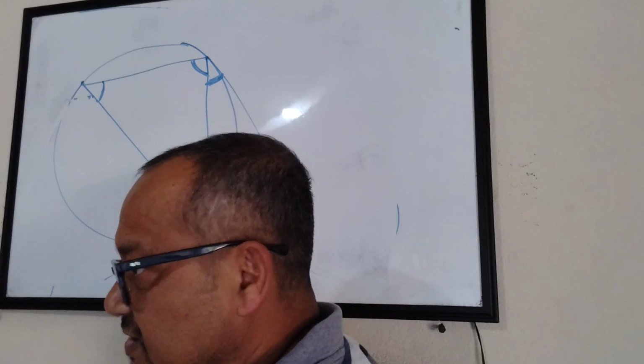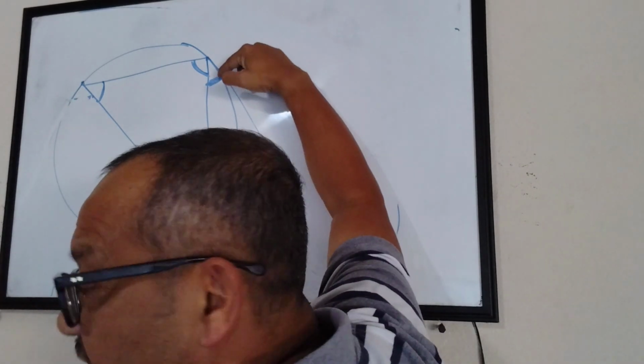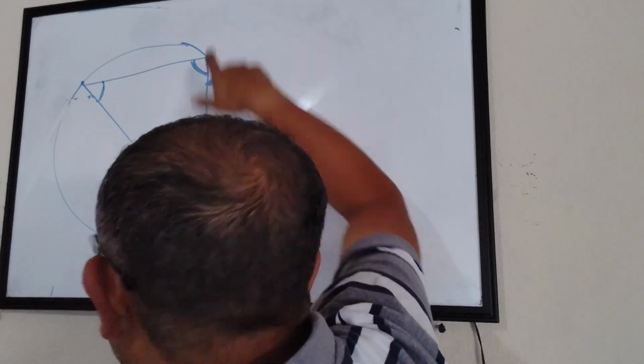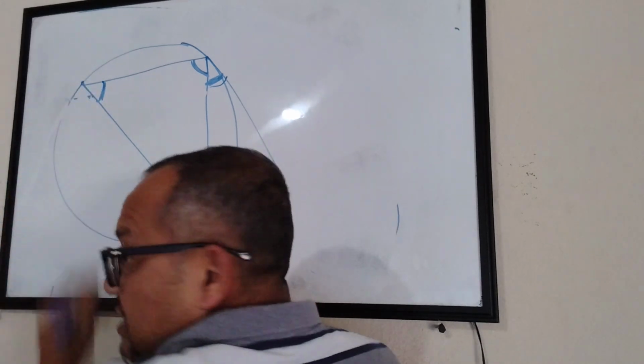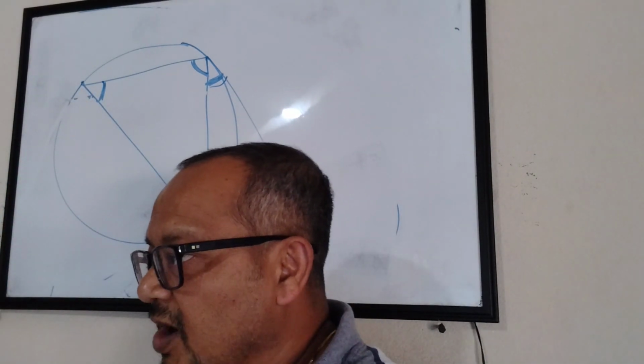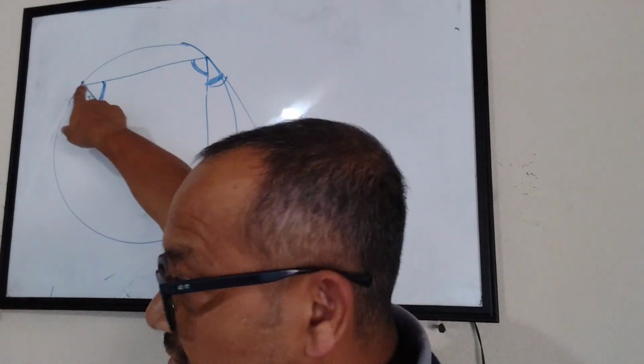Meaning, the angle made by the tangent against the chord adjacent to it is the same as the angle that you see in the far opposite corner. Not here, this one.